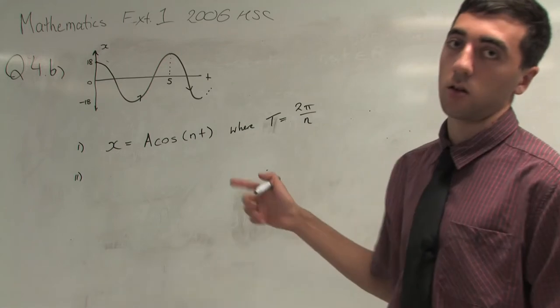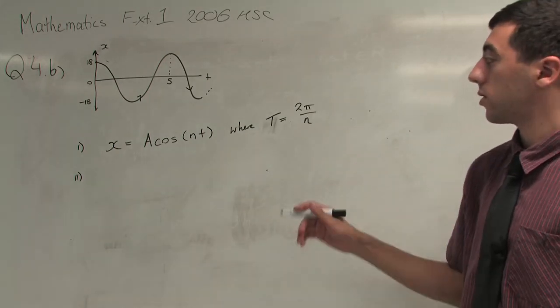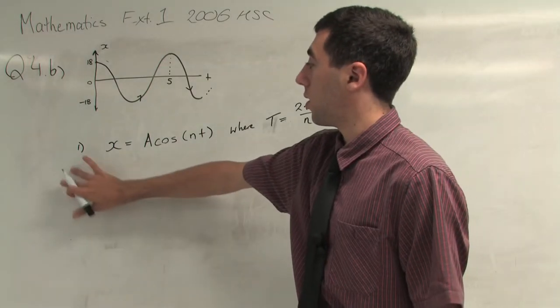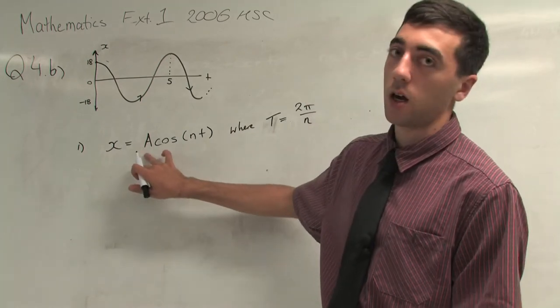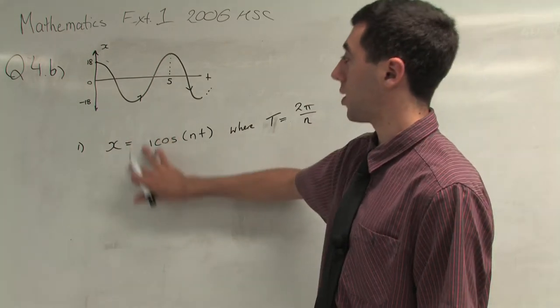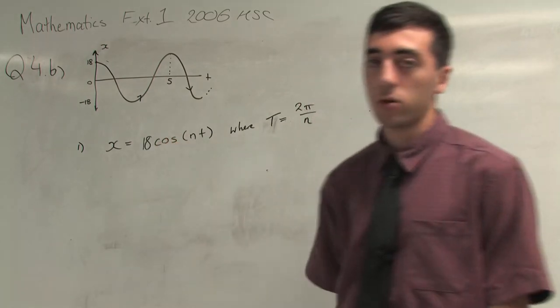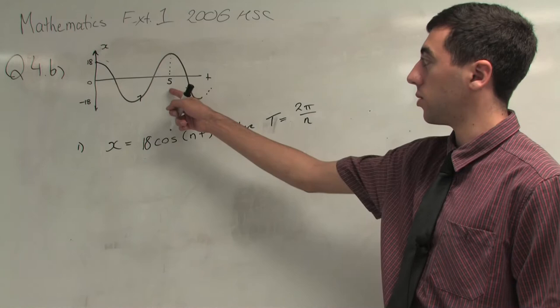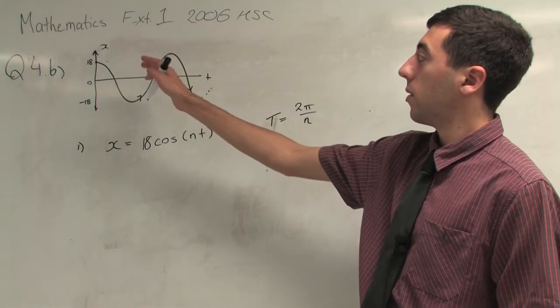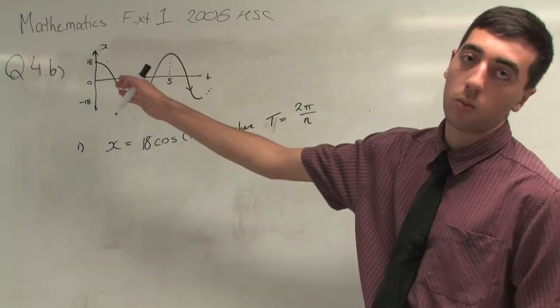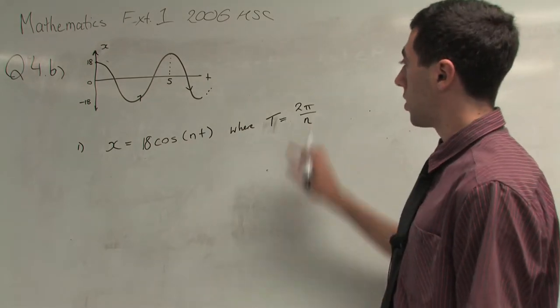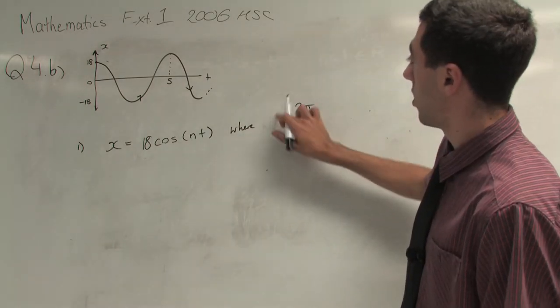So T is the notation for the period. Okay, so we know that the amplitude, which is a, is given by 18. So straight away we can substitute a with 18. What we also know is that the period is 5 seconds, because the period is defined by the time taken between two successive points in simple harmonic motion. So we can replace T with 5.